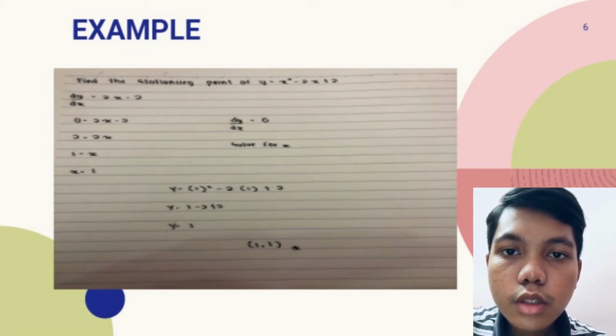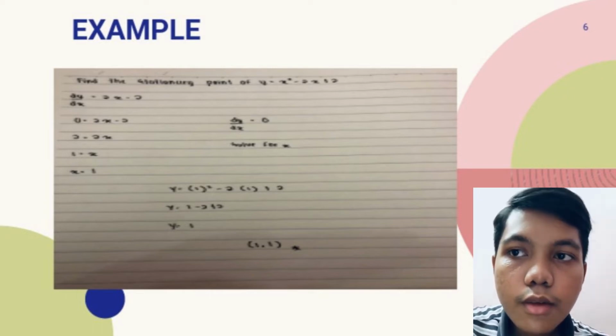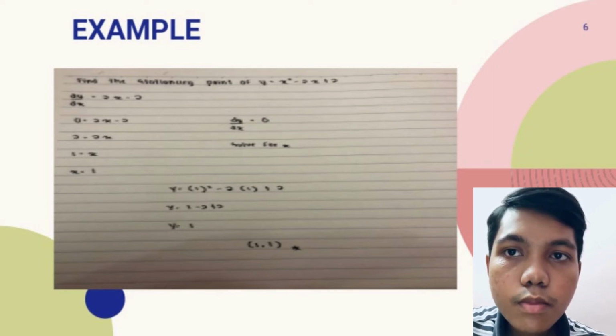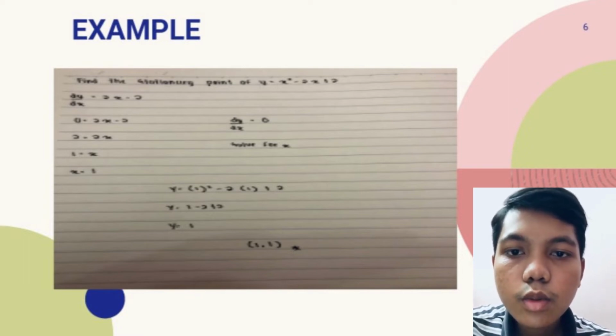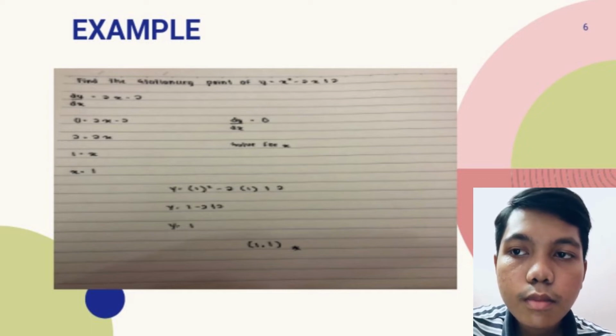Example for the question of stationary point. First question, find the stationary point of y equals x power 2 minus 2x plus 2. The answer is dy per dx equals 2x minus 2. 0 equals 2x minus 2, 2 equals 2x, 1 equals x, x equals 1.